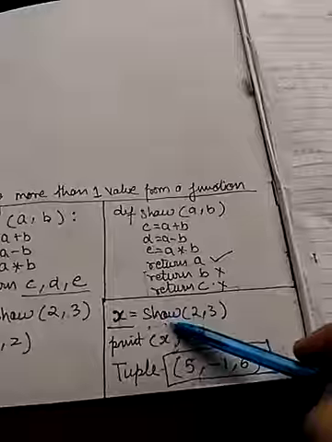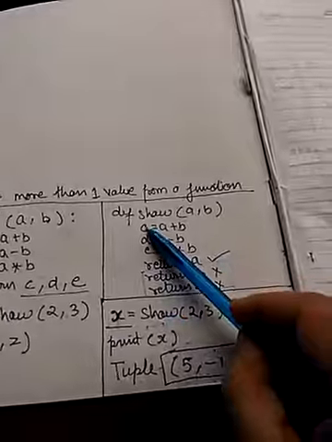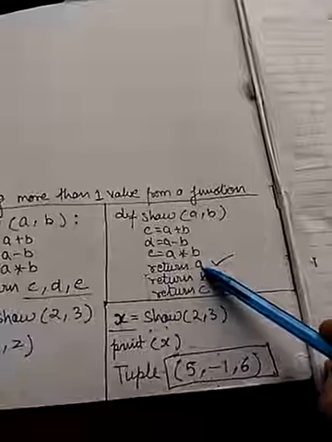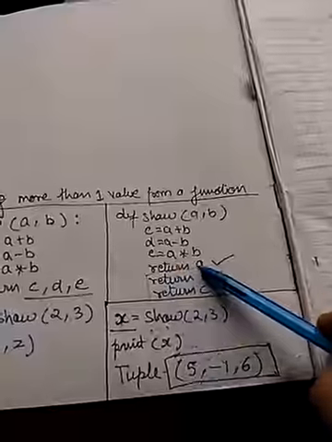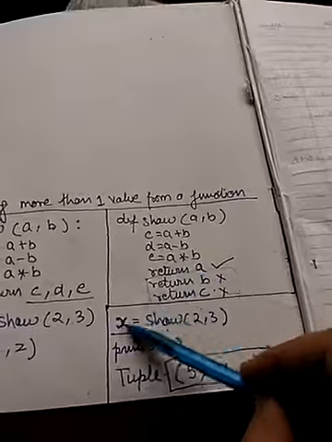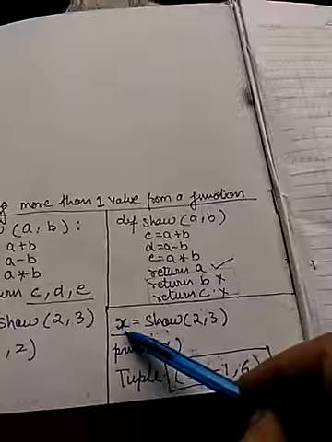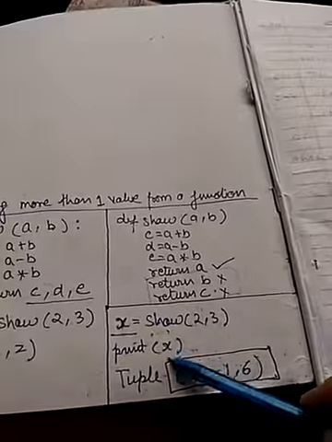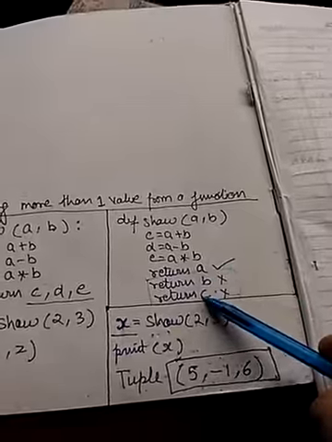Means show(2, 3): here 2 + 3 is 5, 2 - 3 is -1, 2 * 3 is 6, return 5. As soon as this statement is executed, the interpreter will transfer the control from the called function to the calling function. Return 5, then 5 will be assigned here and it will give the answer 5. So here only one value will be returned, these two values will not be returned.